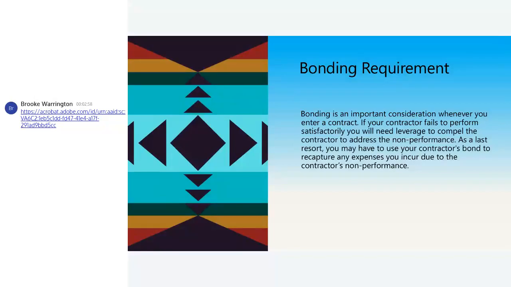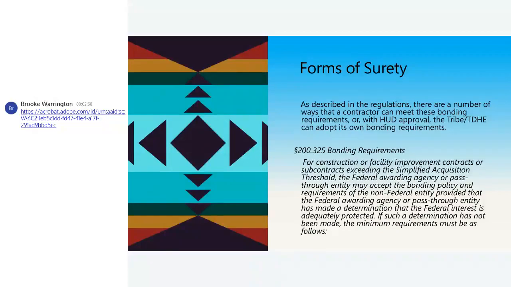As a last resort, you may have to use their bond to recapture any expenses you incur because of their non-performance. There's different forms of surety as described in the regulations. There's a number of ways that a contractor can meet those bonding requirements, or with HUD approval, you can adopt your own bonding requirements. Okay, read about that at 200.325.